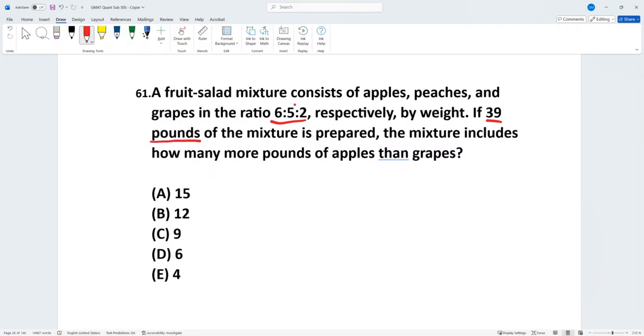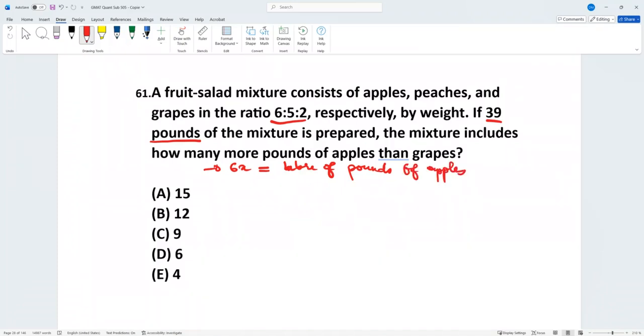So what we can deduce by reading the prompt here is that the number of pounds of apples will need to be a multiple of 6. So we can say here that 6x is going to be equal to the number of pounds of apples.